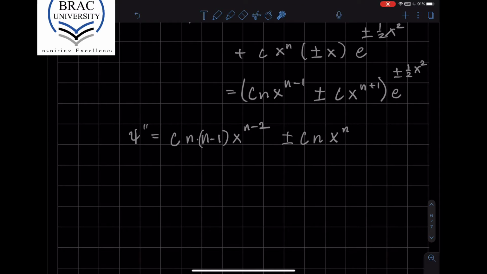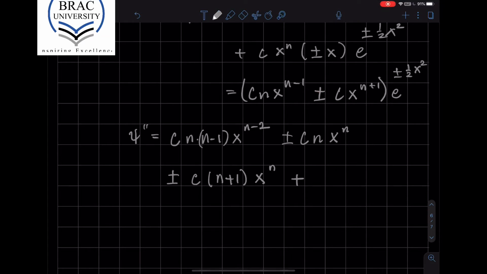Then we take the derivative of this second term. The first term we're going to have is plus or minus c times n plus 1 times x to the power n. Then taking the derivative of the exponential, it's going to bring down plus or minus, which multiplies the other plus or minus to give just plus.